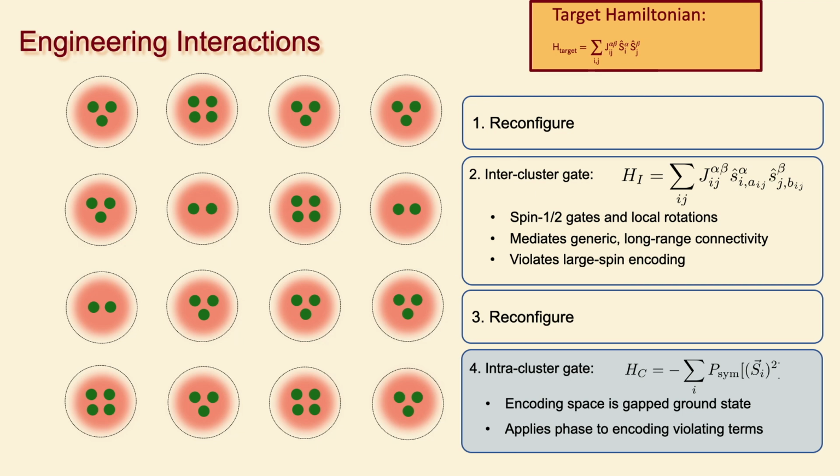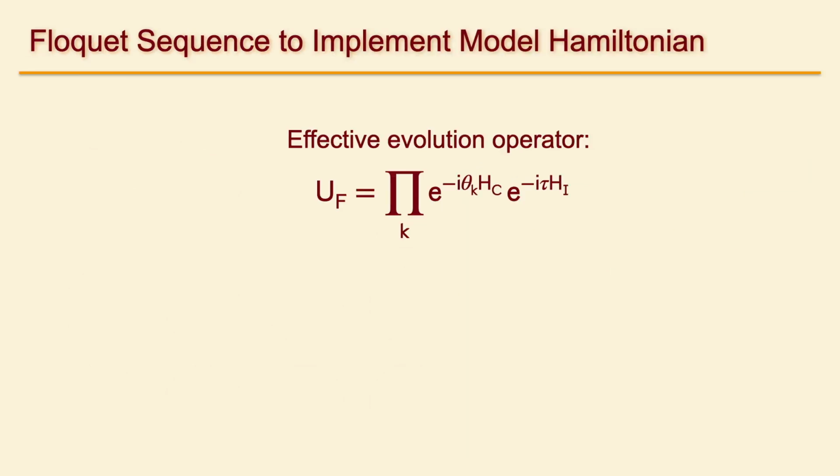And in order to do that all right, we have to do this program basically in a Floquet type repetition of this. And so what we get at the end is an effective evolution operator of k steps where we alternately use the intra-cluster and the inter-cluster Hamiltonian.